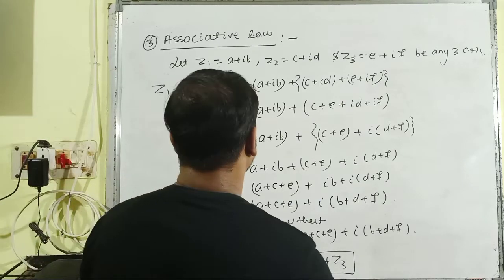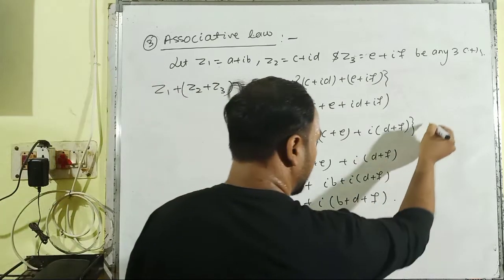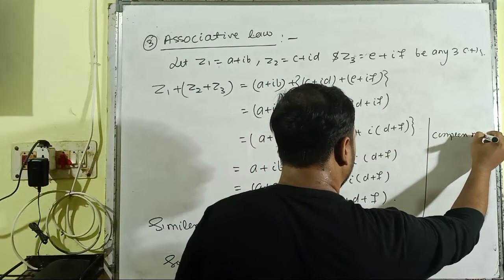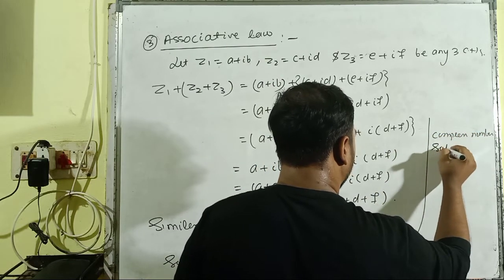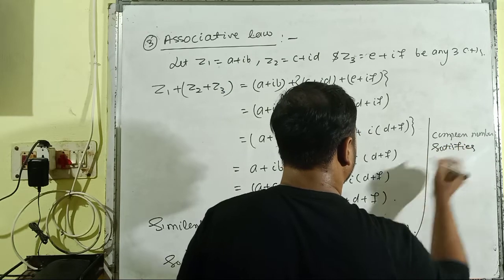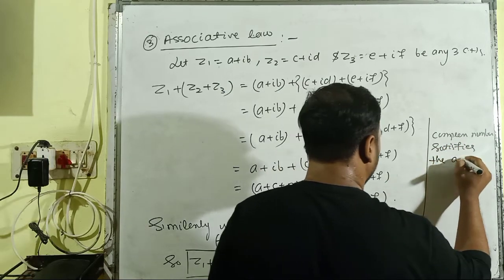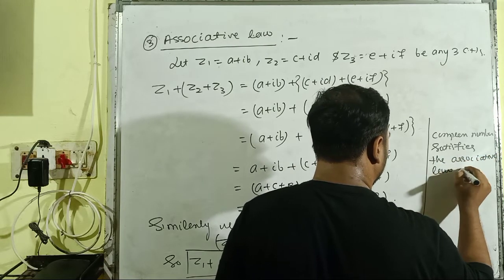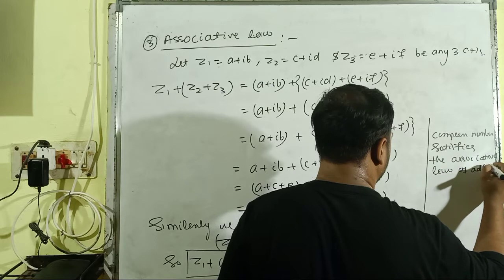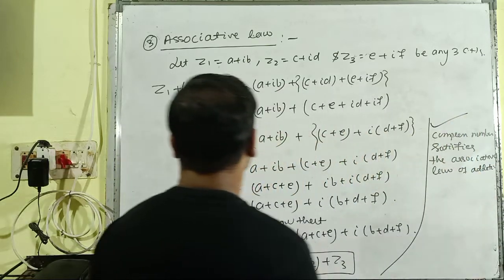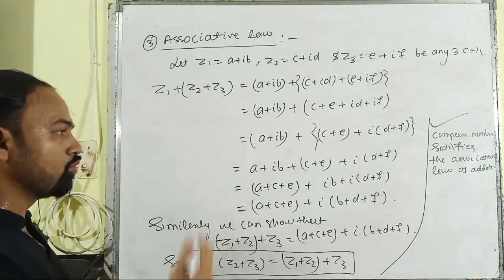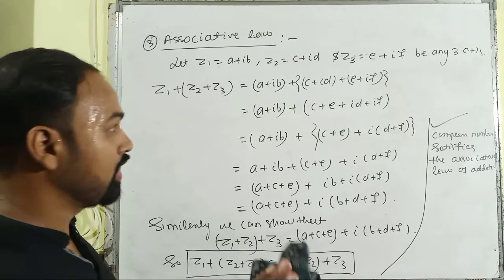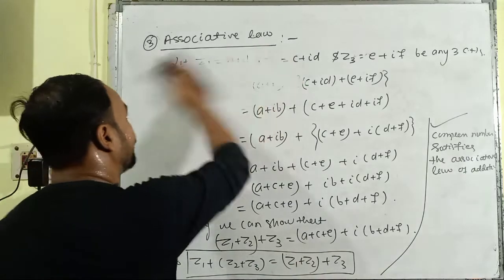So you can write down here, complex numbers satisfy the associative law of addition. Okay, so this is proved here. Then let us move to the rest of the two properties of addition. One is additive identity and the second one is additive inverse.